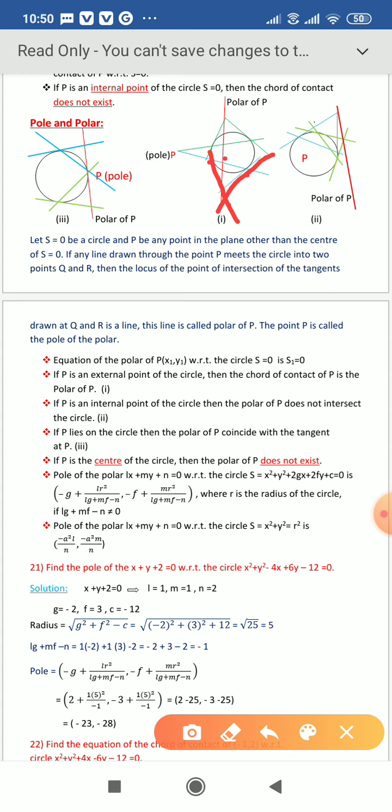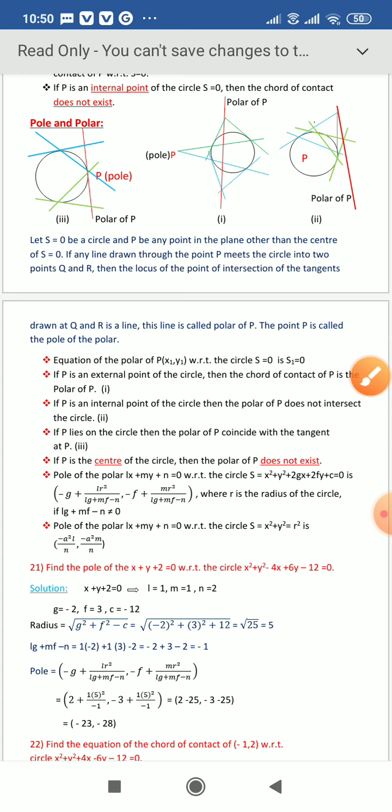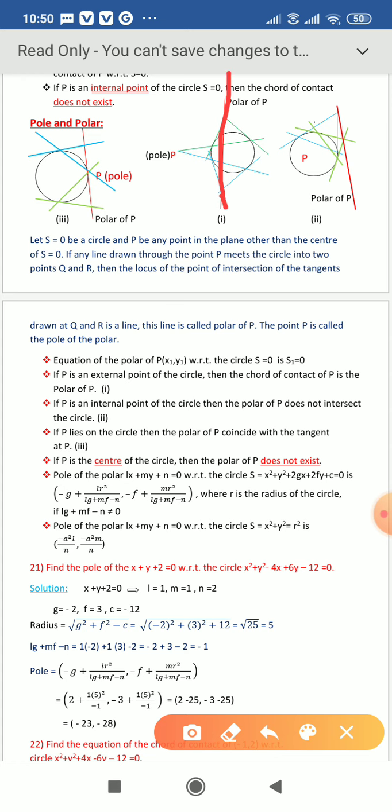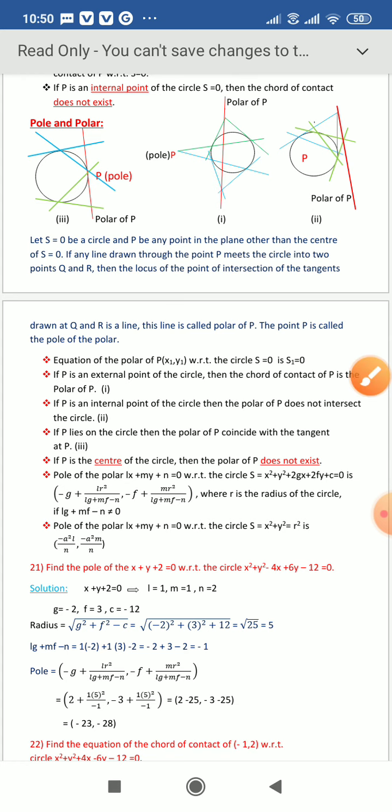So in this case also we have another point of intersection of the tangents, as previously. Joining these points of intersection of the tangents, we have a line. This line is the polar of this P with respect to the given circle. Okay. Once again, we take a point P.